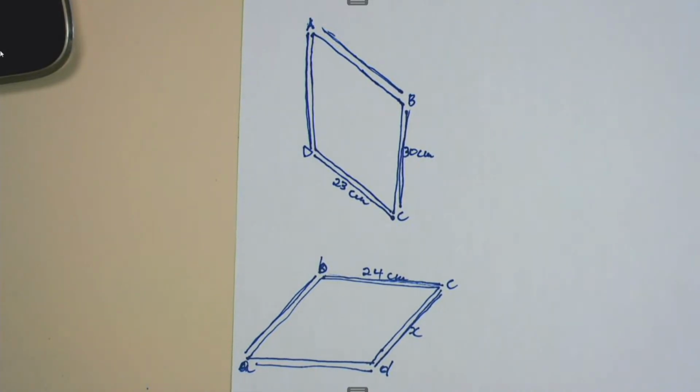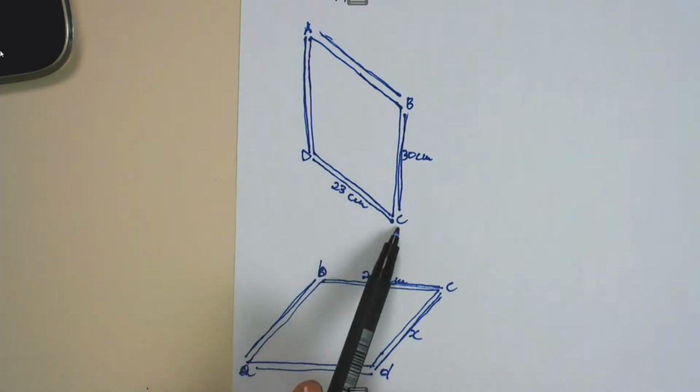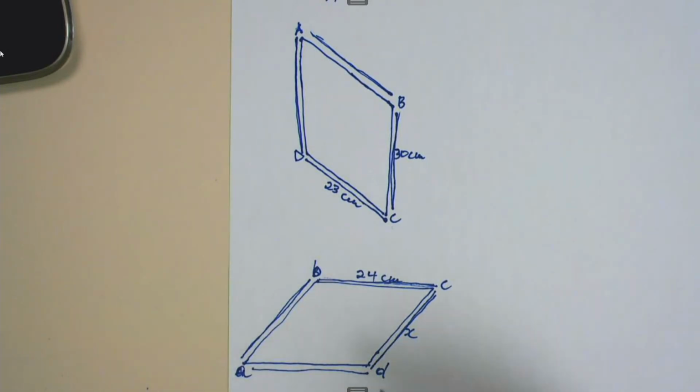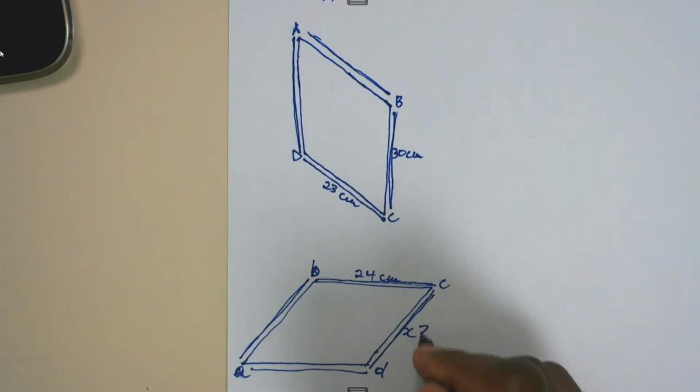So I'm going to help you guys to identify the ratio. Let us find the two sides that are corresponding and both have values. I've got the side DC, and I've got the other side DC, which I'm looking for. This is what I must calculate here.